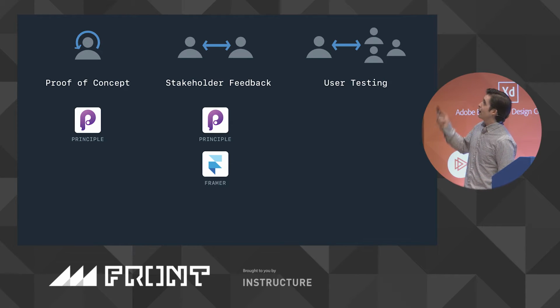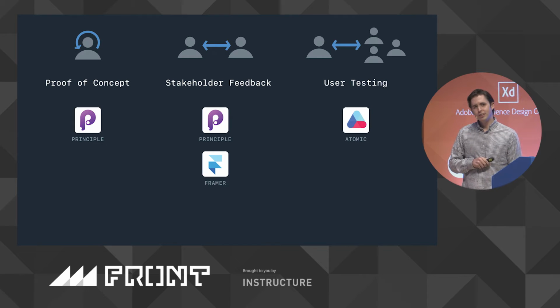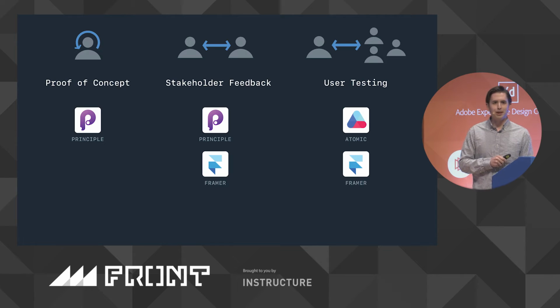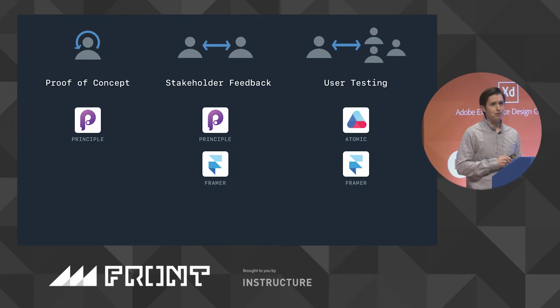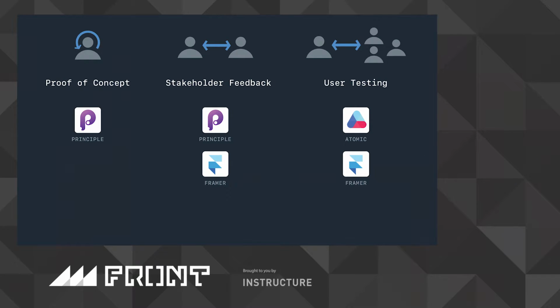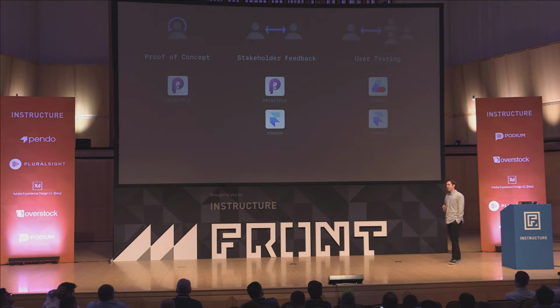So instead, we've used Atomic before for user testing. Atomic is basically Principle in the browser, and it has great sharing capabilities. You can generate links, send them to people, open it up right in the browser. So does Framer. So when Atomic doesn't quite get us far enough, then you'll find us using Framer to make those things and send them out. But there are actually times when Framer's not quite enough.